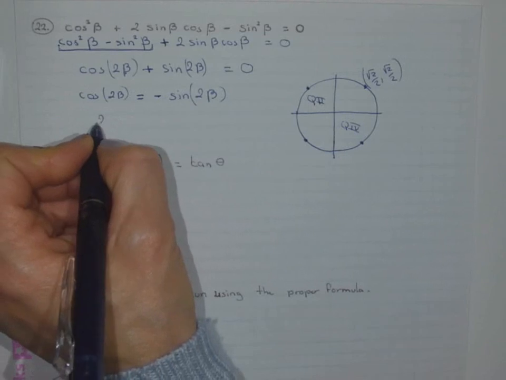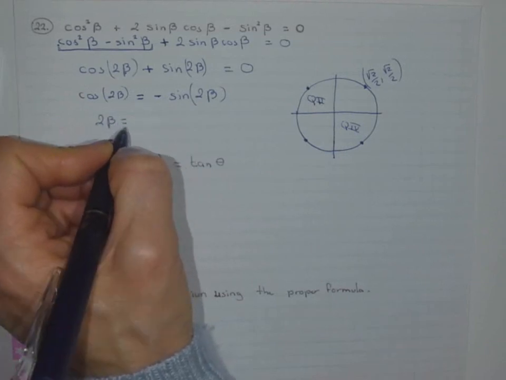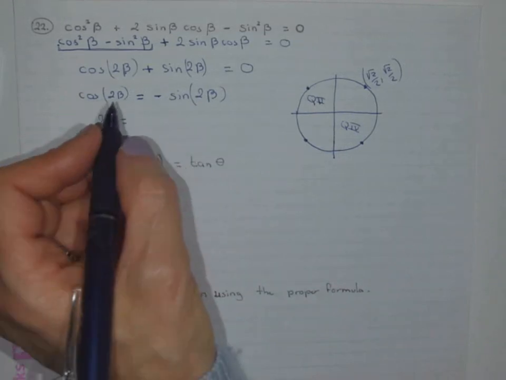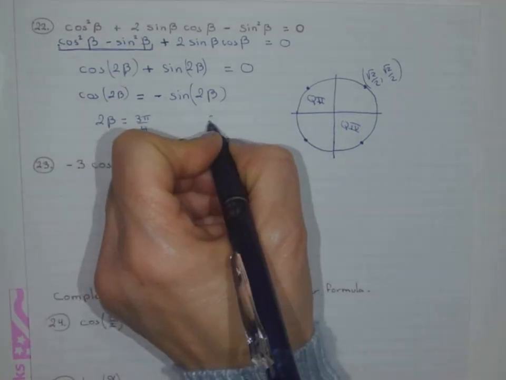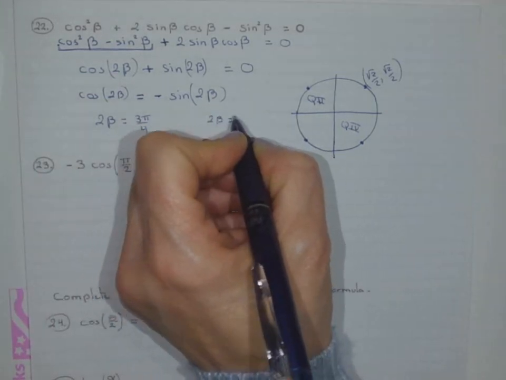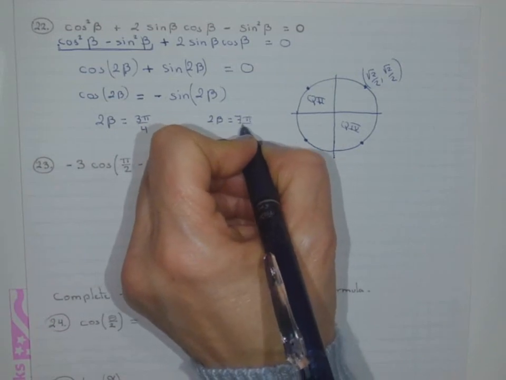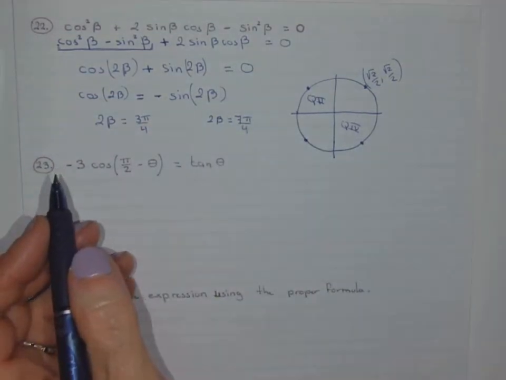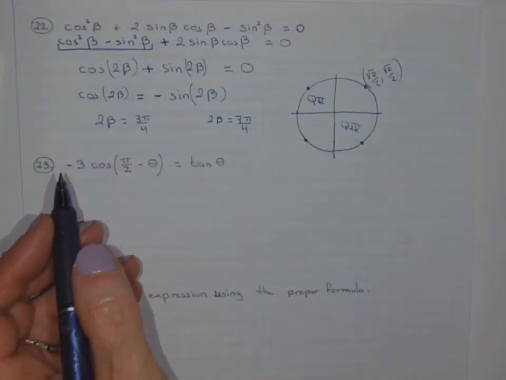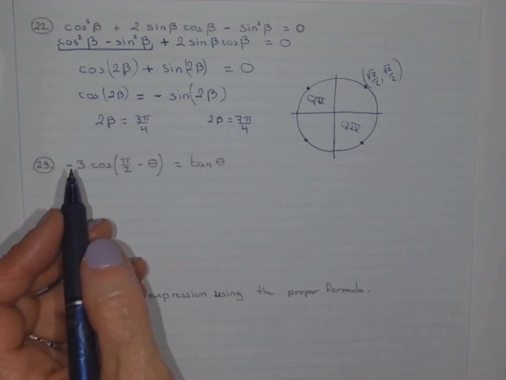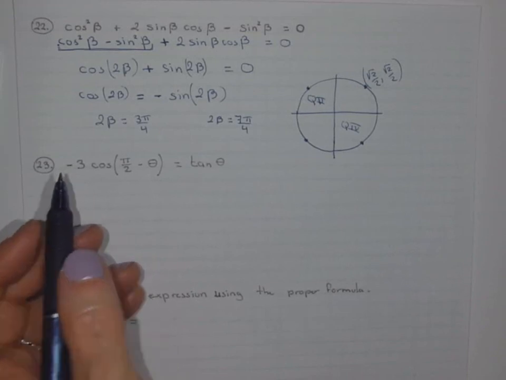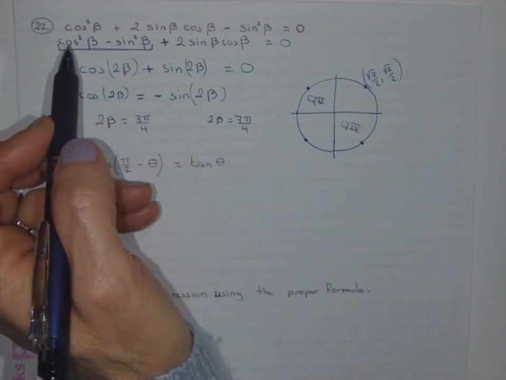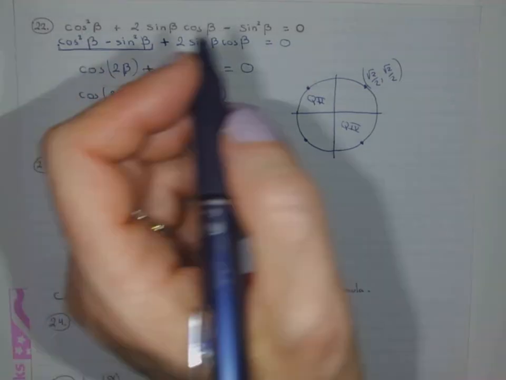So 2 beta would have to be equal to 3 pi over 4, and 2 beta would be equal to 7 pi over 4 for that one, right? Okay, so then I need also to worry about the period of sine and cosine, which is 2 pi, right?